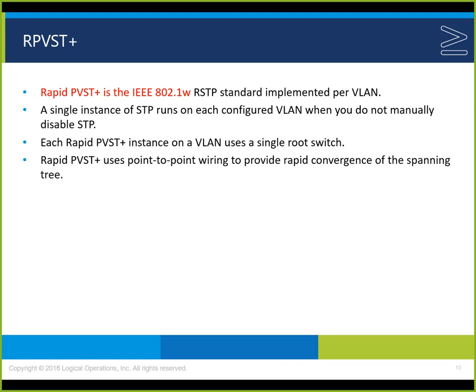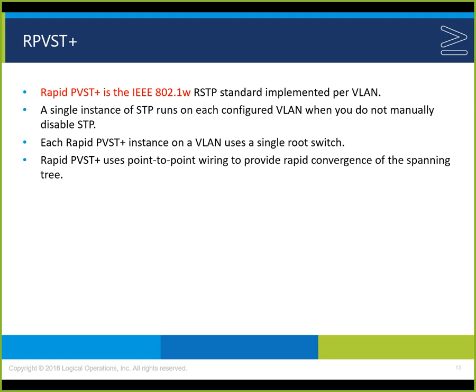Rapid per VLAN 802.1w implemented is still a per VLAN rapid spanning tree protocol plus, which gives us the 802.1Q. A single instance runs on each VLAN, and each rapid per VLAN instance on a VLAN uses a single root switch. So each instance has a root switch, just like we had before.